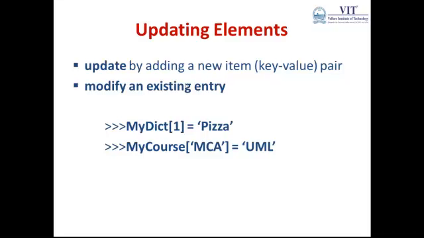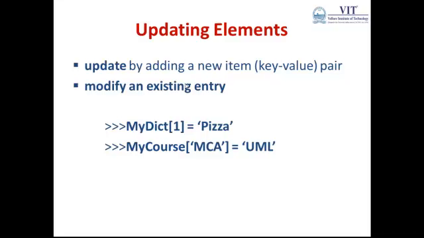That means that I am trying to modify, update my first item's value. So I'm directly accessing through the key. My key is 1, and that value is being newly updated with the given value.